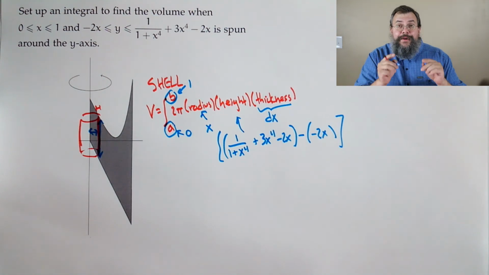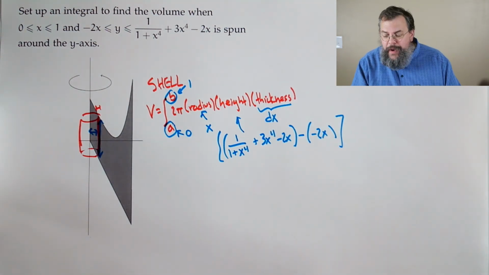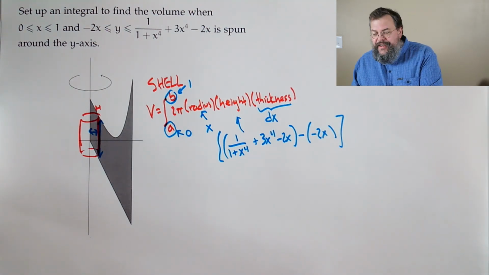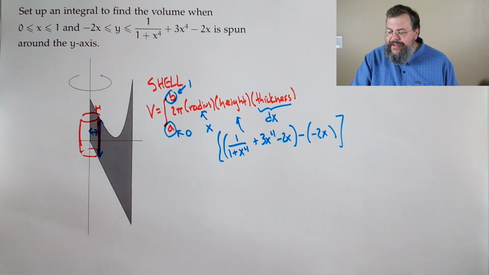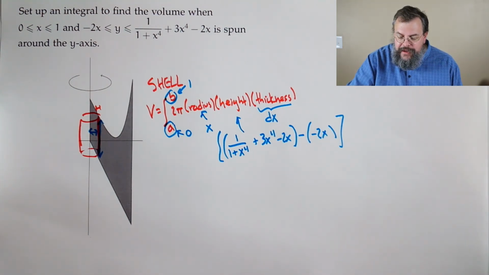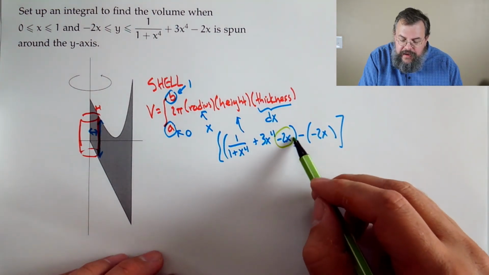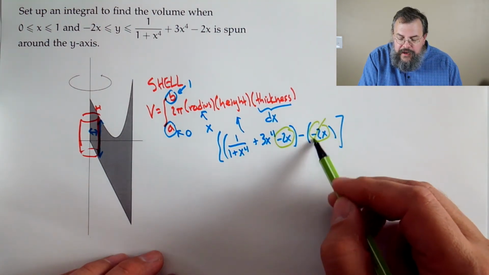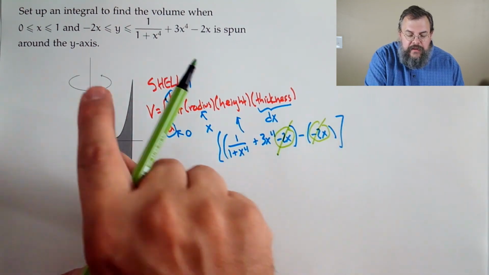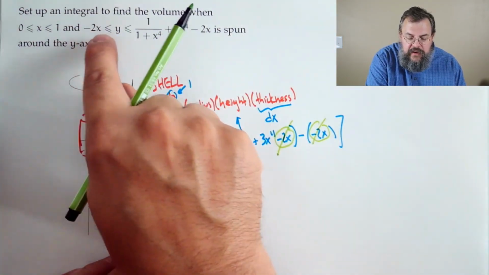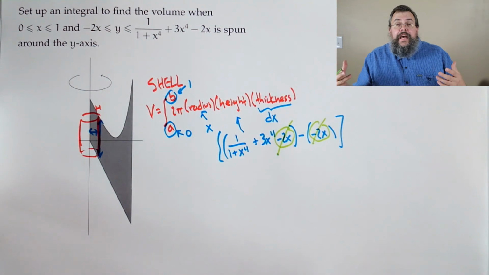Now, let's pause for a second and make a quick observation. Do you notice anything about our height? Well, notice these minus 2x's here are going to end up canceling. So these two pieces, because they're the same, end up not mattering.